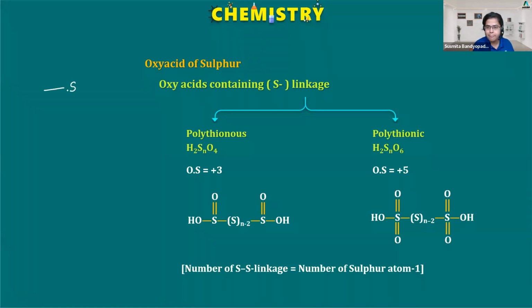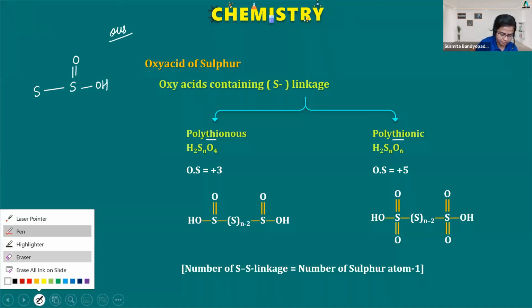S will be there, definitely bonded to some S. That's the reason this thio is there. If it is ous, there will be only one double bond and one OH.